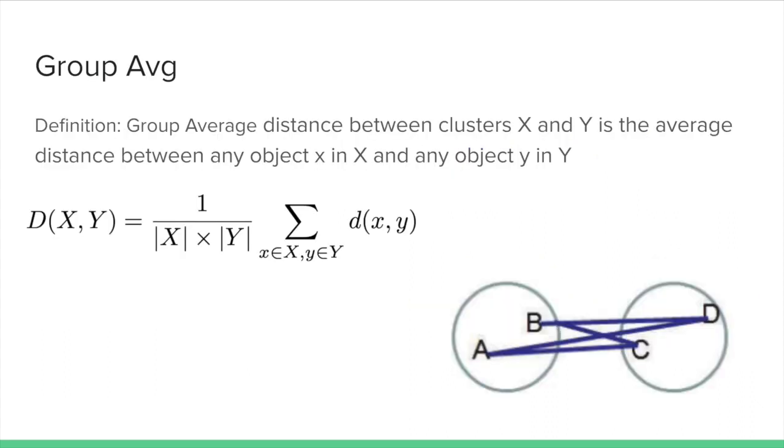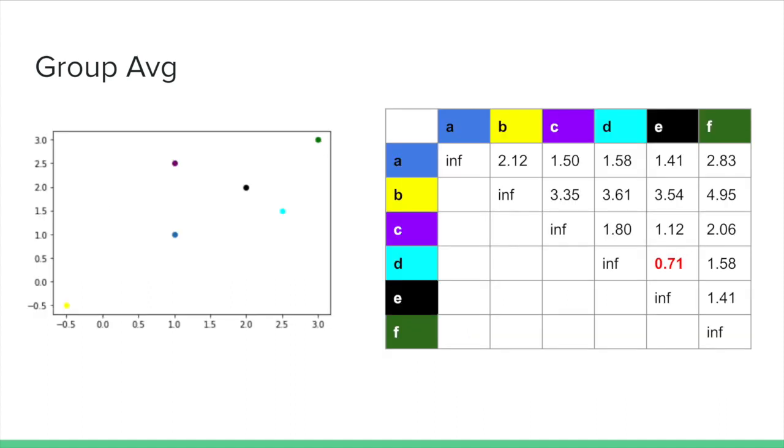The next common linkage example we have is group average. The group average distance is the average distance between any object X in cluster X and any object Y in cluster Y. From the diagram, you'll see we take the distances between B and C, B and D, A and D, and A and C, and we average these distances out to create the numbers for our proximity matrix.